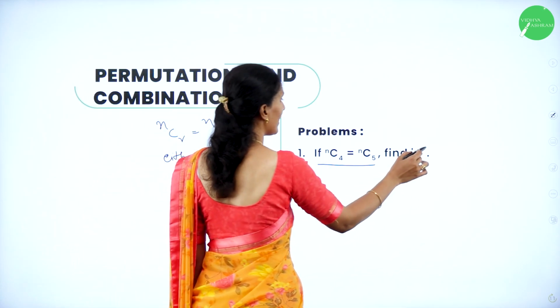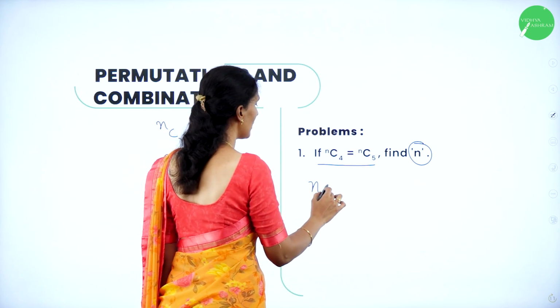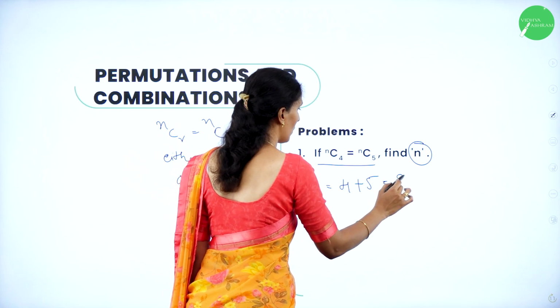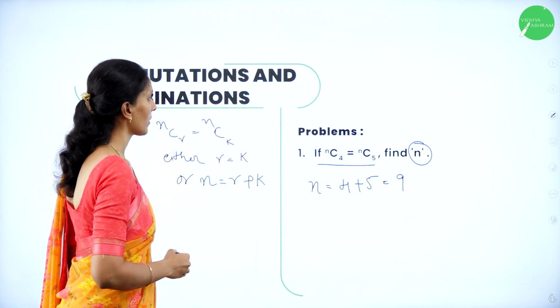They have asked to find N. So N is equal to 4 plus 5, that is equal to 9. These are for 1-mark questions, very simple.